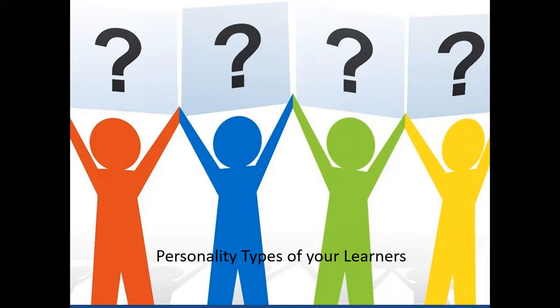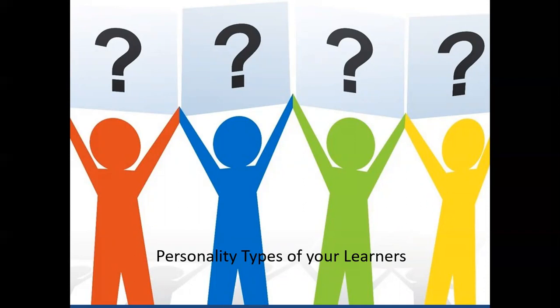Okay. And one of the big things that we need to remind ourselves of is that no personality is better or worse than another. And one key takeaway from this segment is that everybody is perfect and beautiful, and everybody is valuable in the learning and work context. I'll say it again. Everybody is perfect and beautiful and valuable in the learning context, and we can all learn from each other.